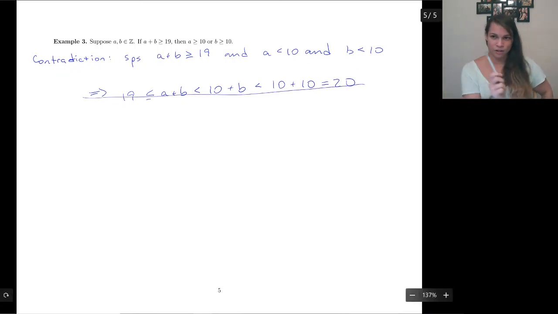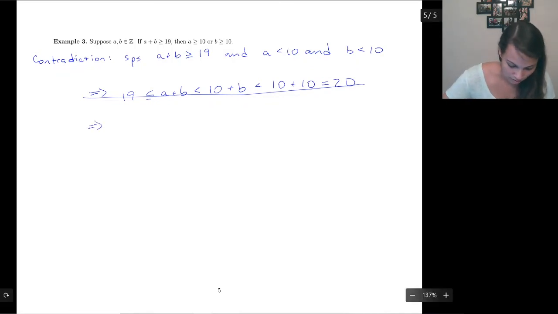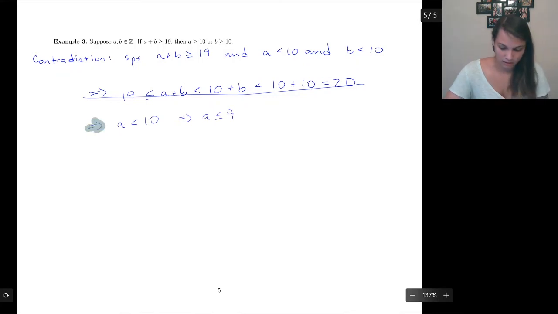Well, I could be a little bit more specific about a is less than 10. I was not necessarily wrong to run at it this way. a is less than 10, but a is an integer. That means I can say things about 9. So I could say a is less than 10 means a is less than or equal to 9.